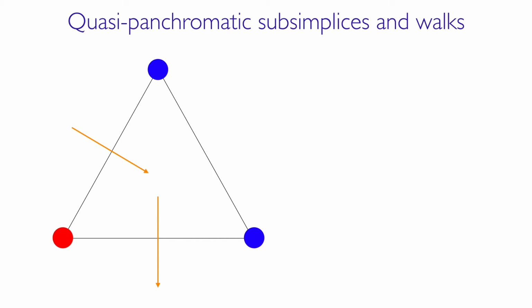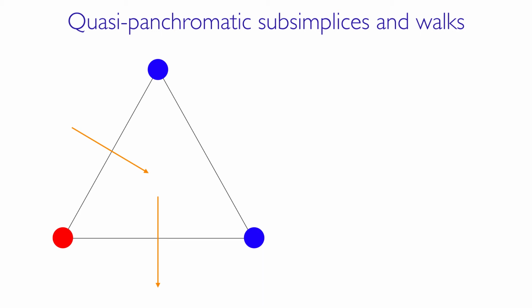This means that, fixed a direction, once the walk enters a quasi-panchromatic subsimplex, there is only one way to leave it. Notice that this shows that a walk cannot terminate in a quasi-panchromatic subsimplex, since once a walk enters a subsimplex, there is always one way to leave it.